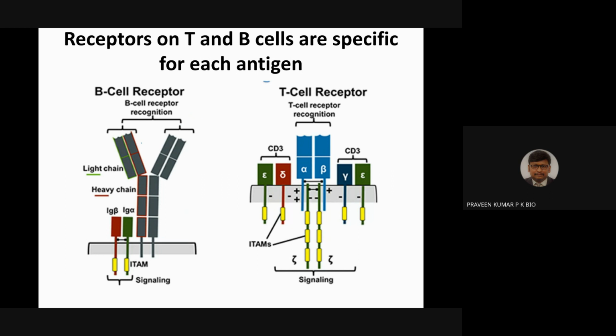The B cell receptor looks like this, and the T cell receptor looks like this. Whatever is shown is just one projection. In 3D, you find CD3 bundled surrounding the alpha and beta regions, like in a cylinder; nearly four sets of CD3 molecules surround the T cell receptor. So it looks like that.